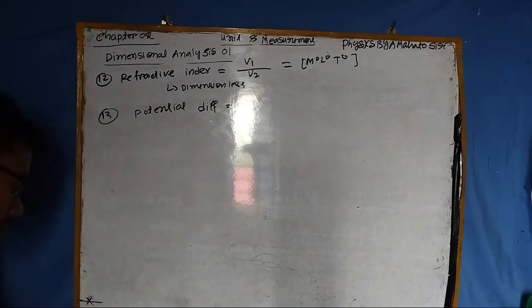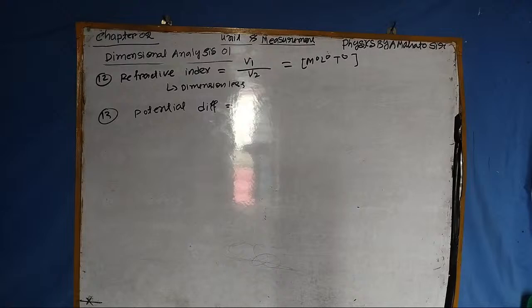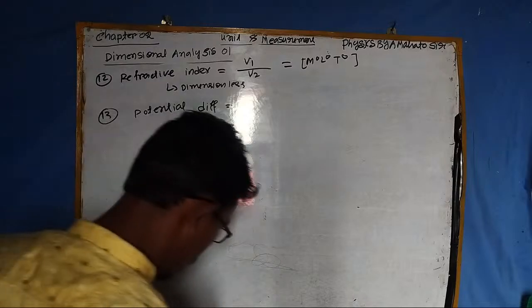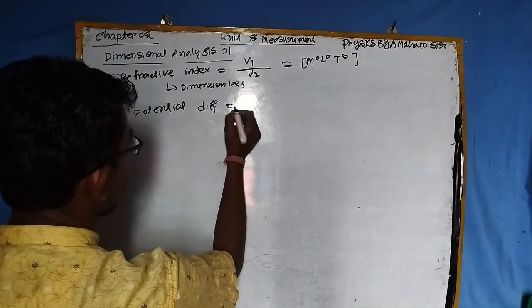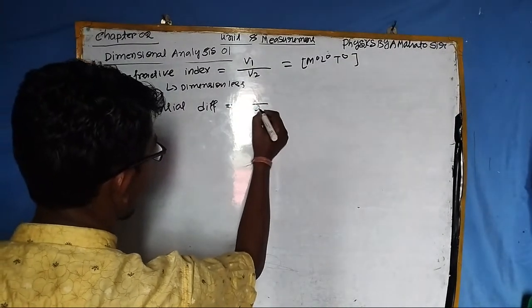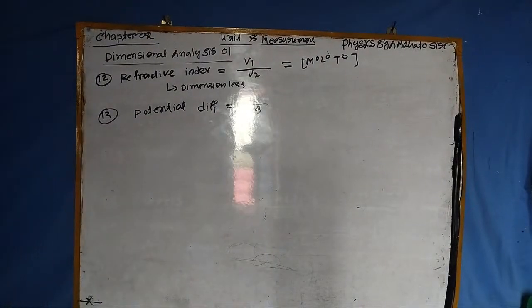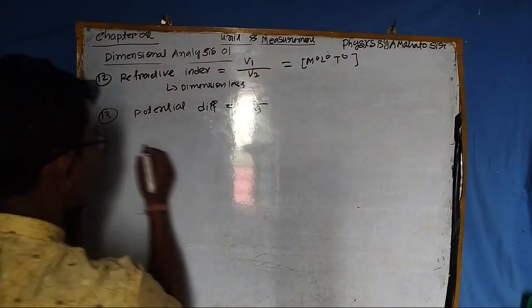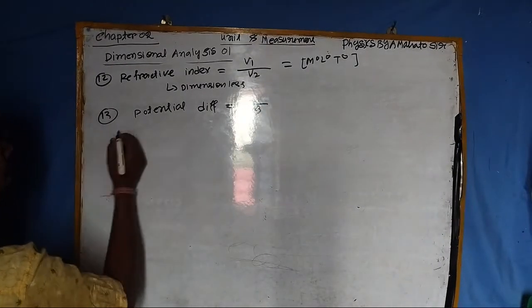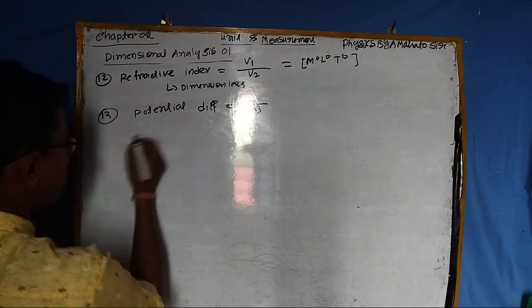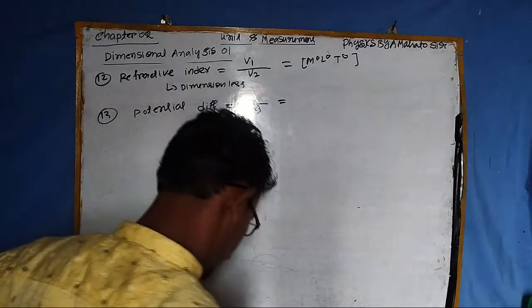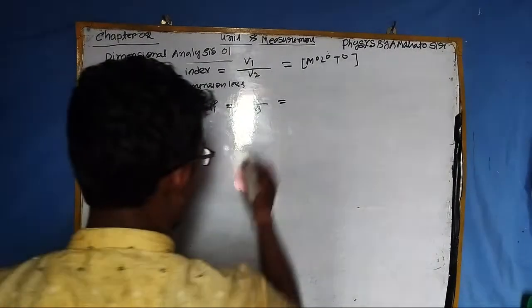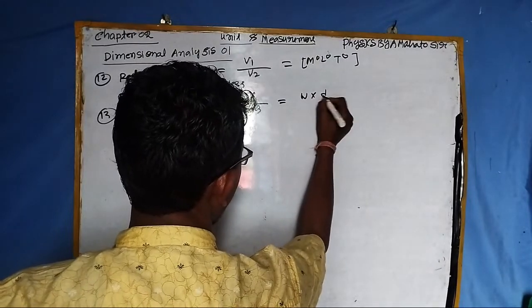Potential difference is work done per unit charge. Work is force into displacement.